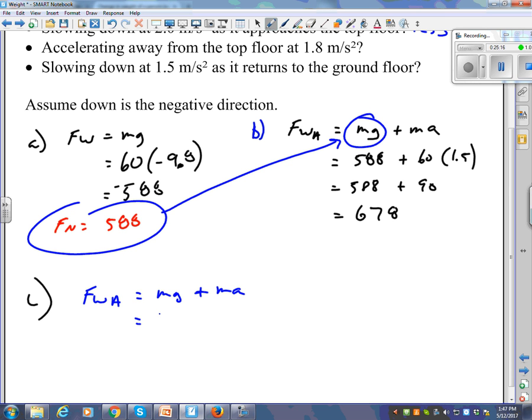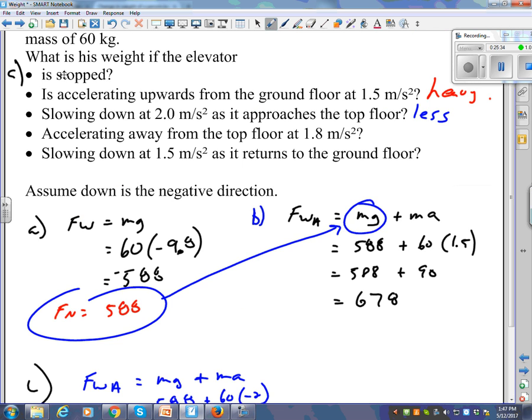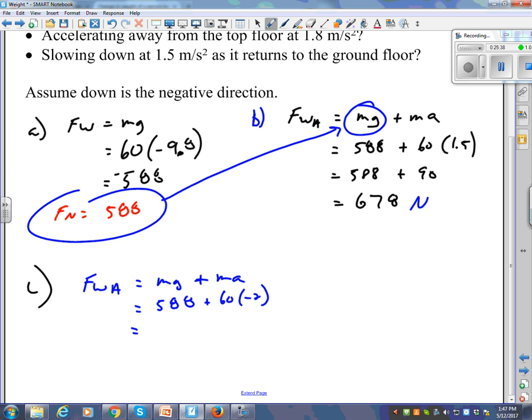So again, 588, but because I'm weighing less, which direction is the acceleration at the top? Down. Minus 60 times 2. Yeah. Where do you get 60 from? Oh, so it's from that. You forgot to put newtons on the end. Yeah, you're right, newtons. So 588 minus 120.